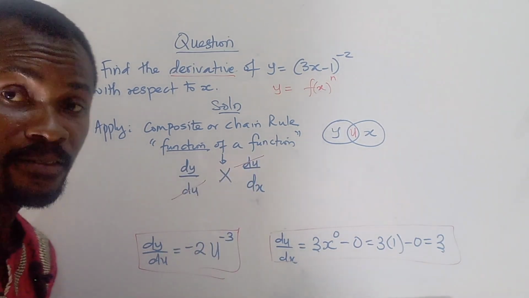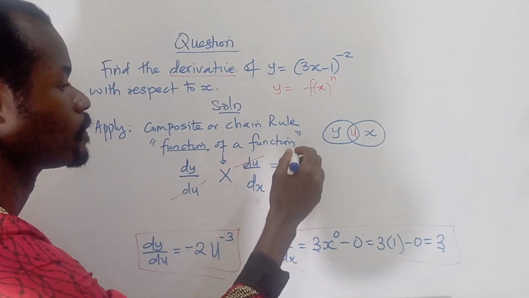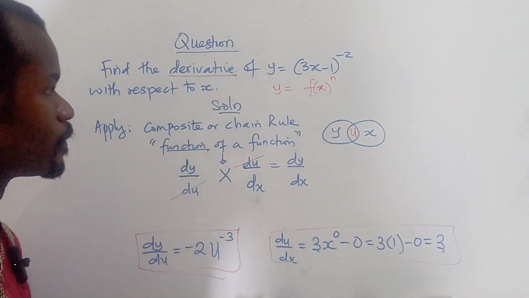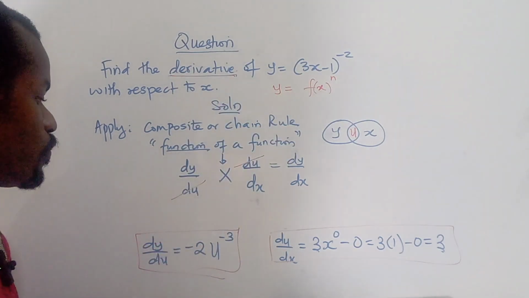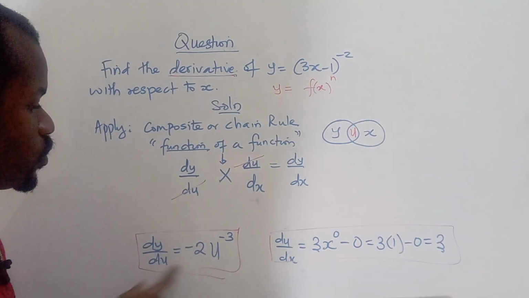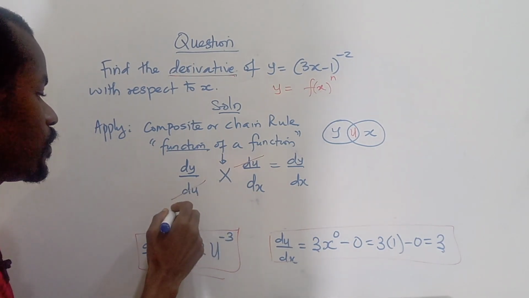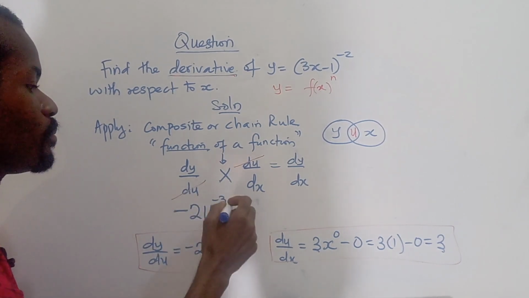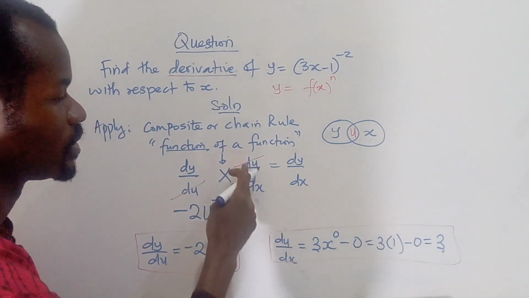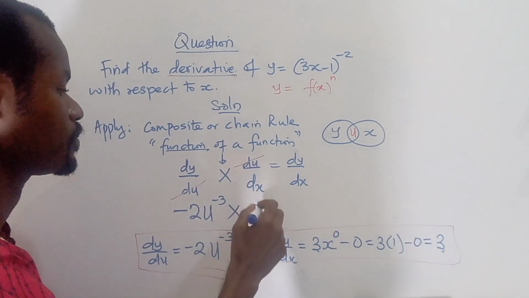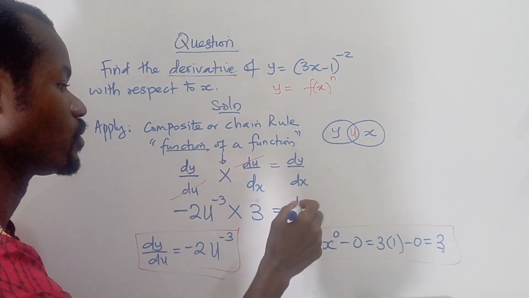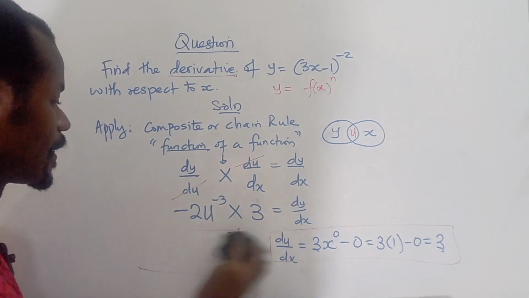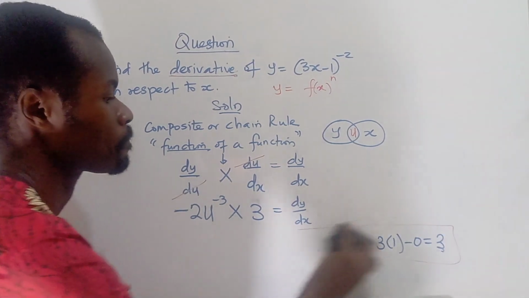So this gives us dy over dx, which is still called our derivative. Now my dy over du is minus 2u raised to the power of minus 3, multiplied by du over dx, which is 3. And this gives us our dy over dx.